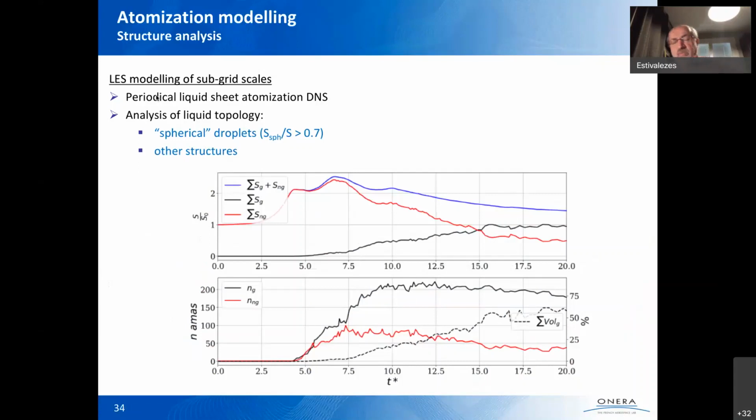So we have developed a tracking algorithm which can be used to analyze both the shape of the structure and also the velocity, and also can be used to tag both in space and time.